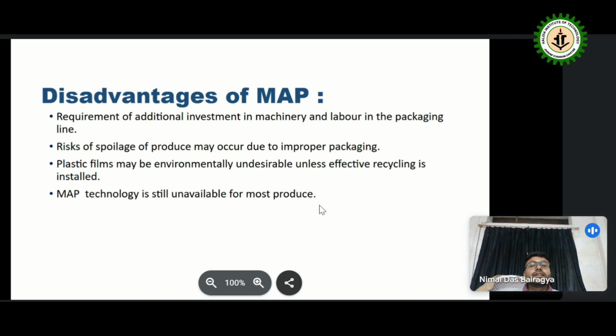Practically, at the ground level, this technology has not spread popularly, but it is very unique and novel. In the future, I think this is a very important packaging method for fresh food products, poultry products, meat products, or fishery products, to extend their shelf life compared to traditional methods of packaging.